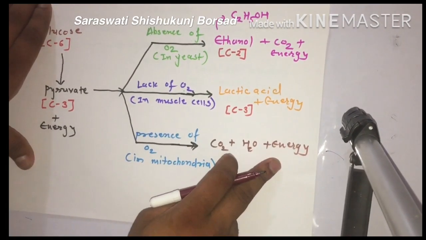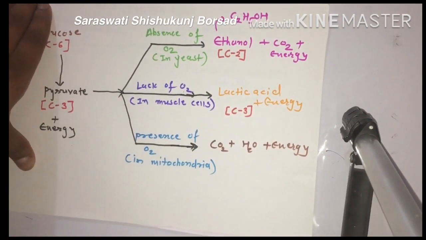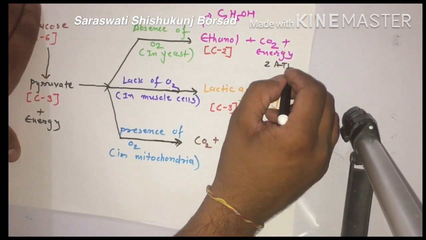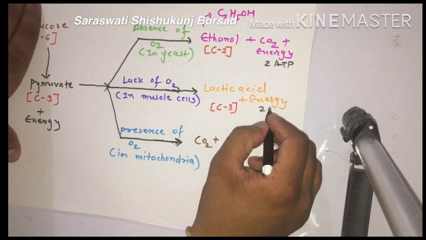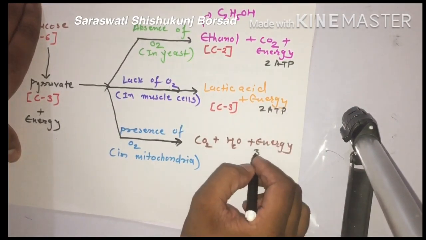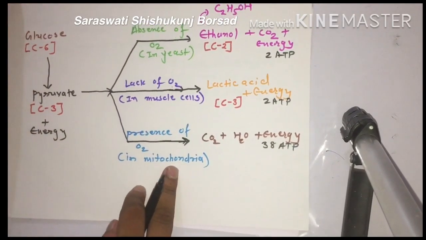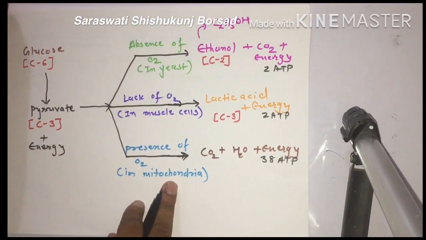And here the amount of energy is very high. Here we are getting 2 ATP of energy, here also we are getting 2 ATP of energy, but here we are getting almost 38 ATP of energy, because this is a complete breakdown of glucose.